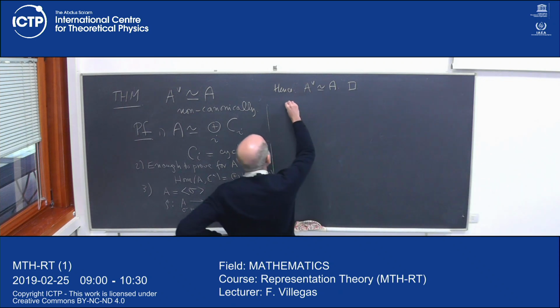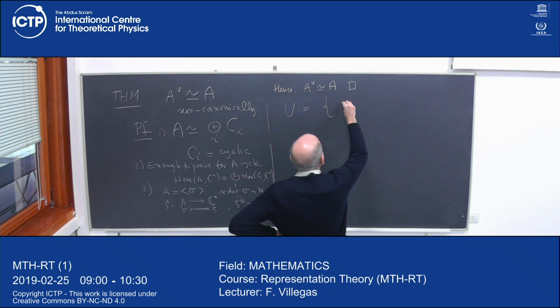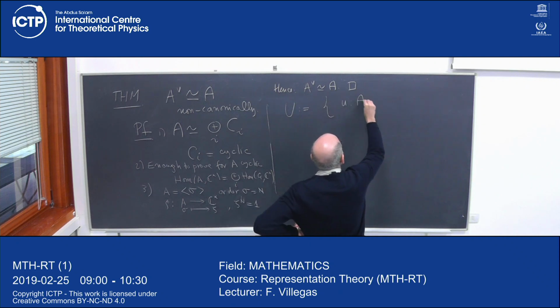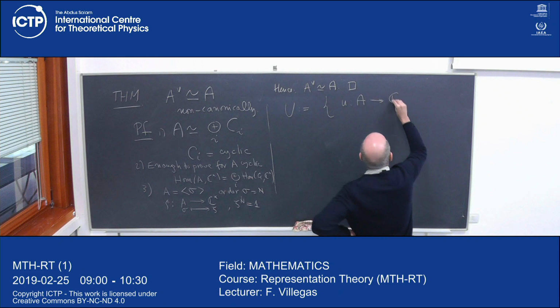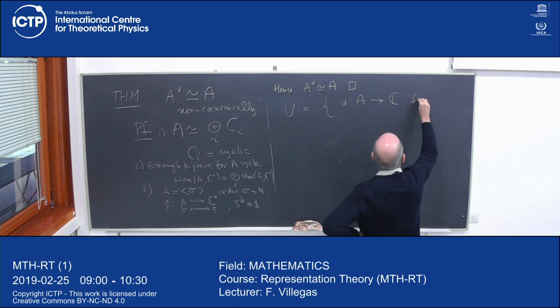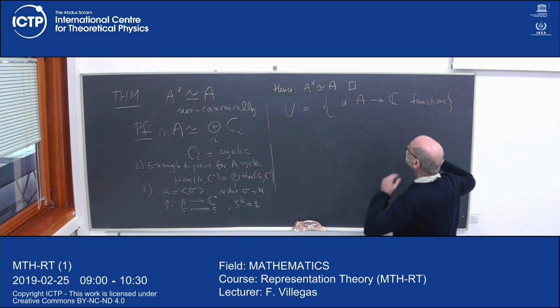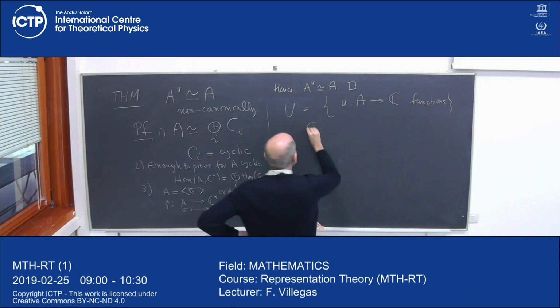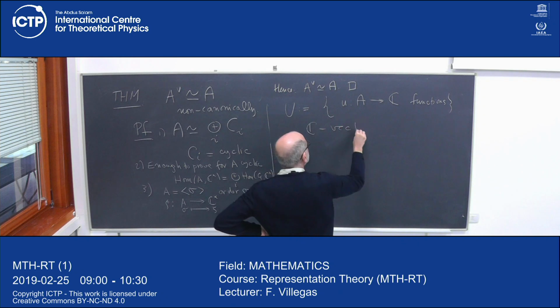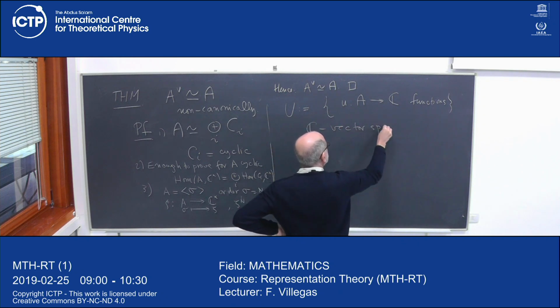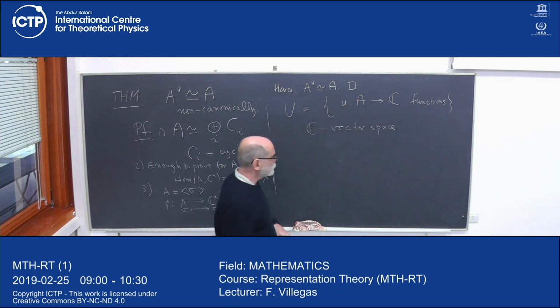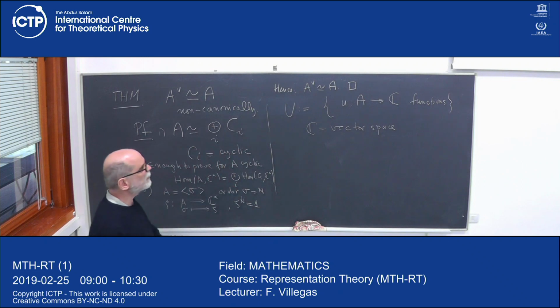So let's consider U, the vector space of functions from A to C, just functions. So this is a C vector space by pointwise addition of functions.